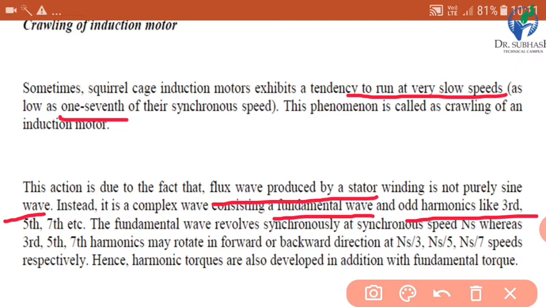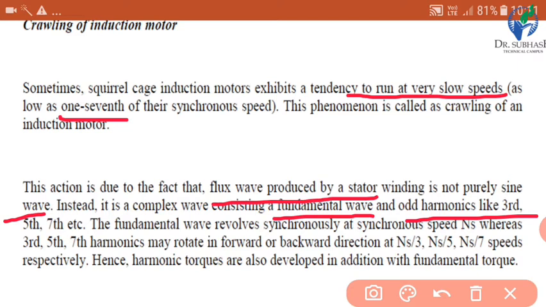See, the flux produced in the stator winding will not be purely sinusoidal, but it will be a complex wave. And in a complex wave, there is the fundamental wave, then odd multiples of harmonics like third, fifth, and seventh harmonics. Now, what is a harmonic?